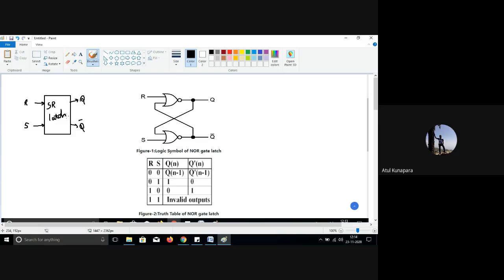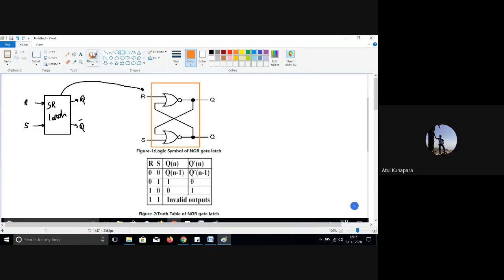Now what is the internal structure, that you can see here. Inside this block, this kind of circuit will be there. So this is simply what is inside the block, right? So inside the block, what is there? There are two cross coupled NOR gates.